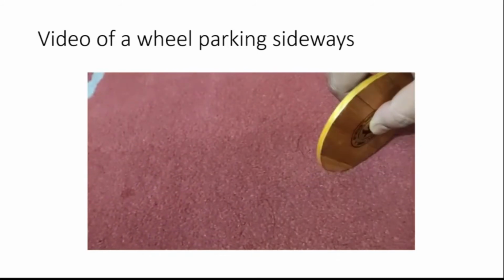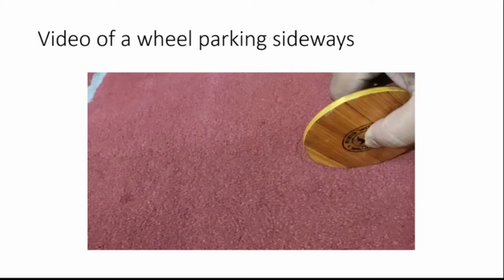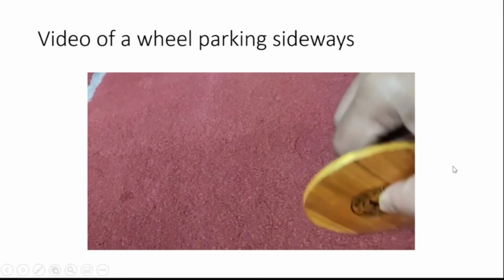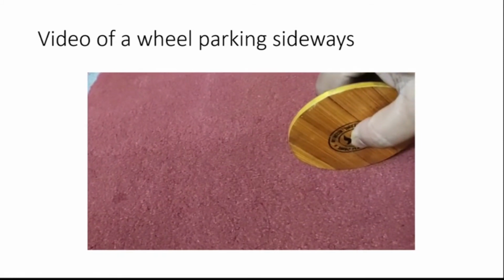Third, I go back, and then I rotate again. By performing these 4 actions, you can see that this wheel can go and park itself in any orientation actually. This is what we mean by controllability of the problem. The system is subjected to a non-holonomic constraint, but it can still go and park at different locations because it is fully controllable.